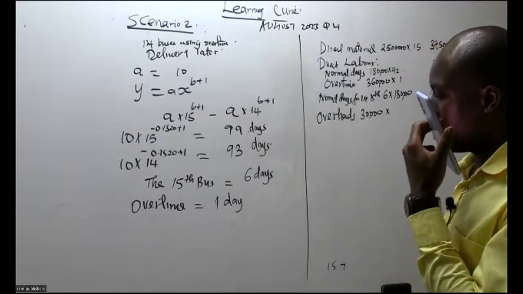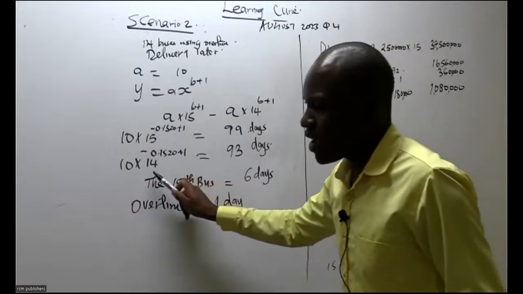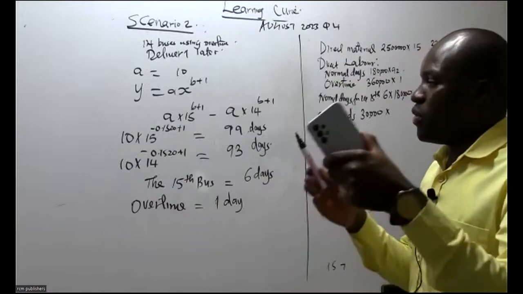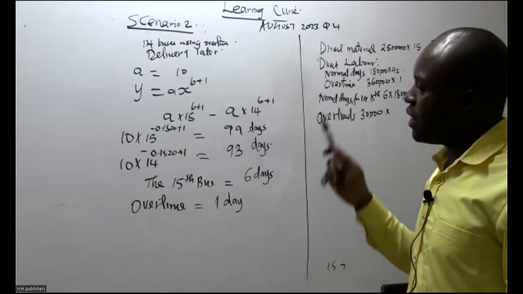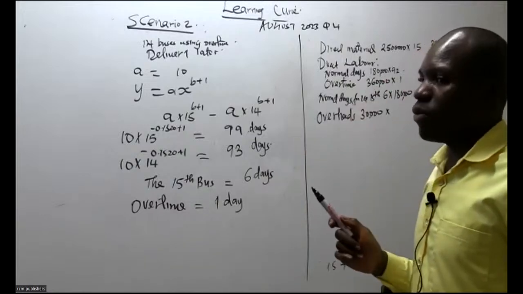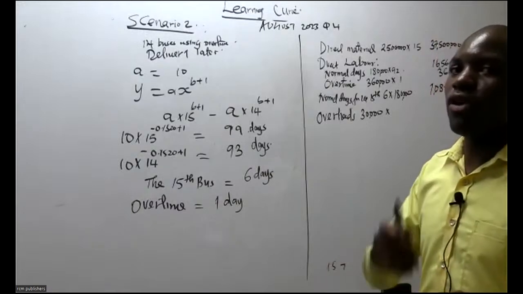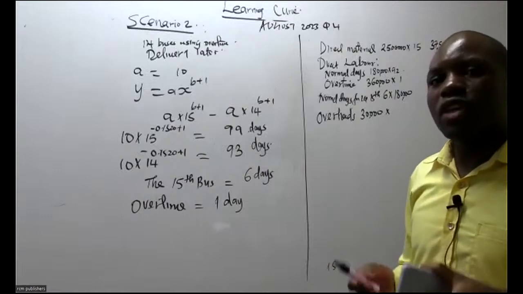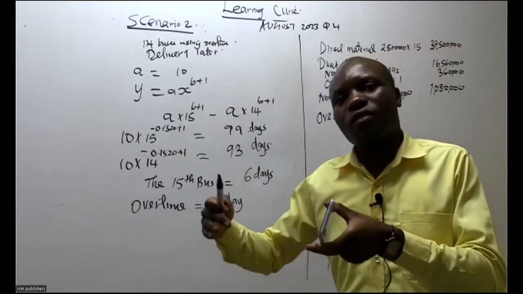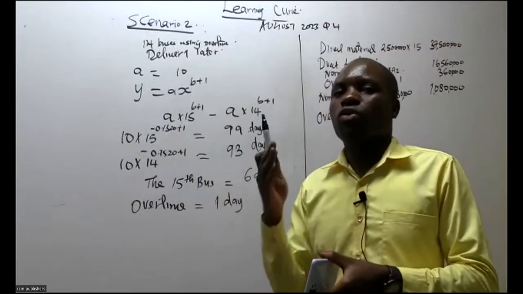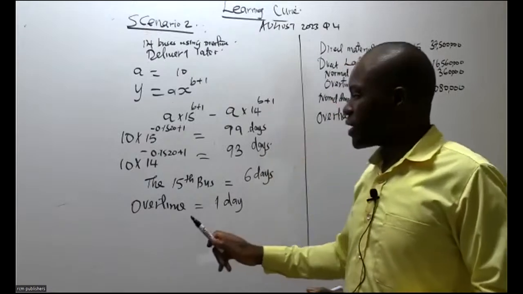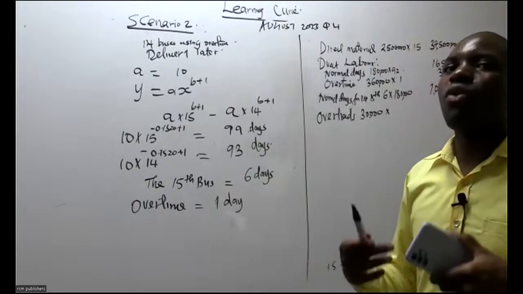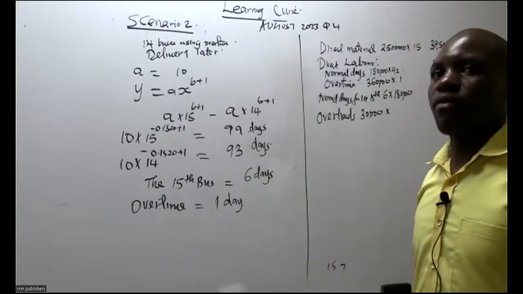But this person has said, the first 14 buses, I will work overtime and deliver them within that particular time. But the extra bus, I cannot work within the deadline. So I will work beyond the deadline, but my employees will be working during their normal working hours of the day to produce that one bus.